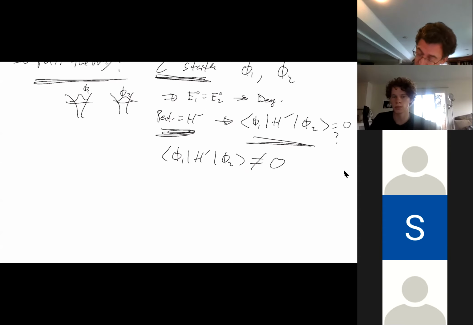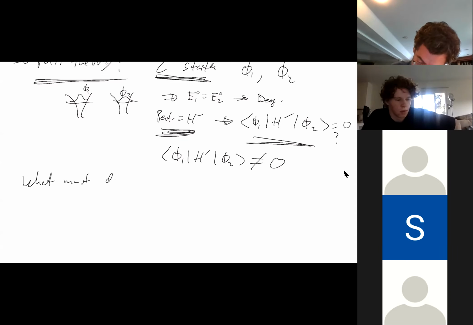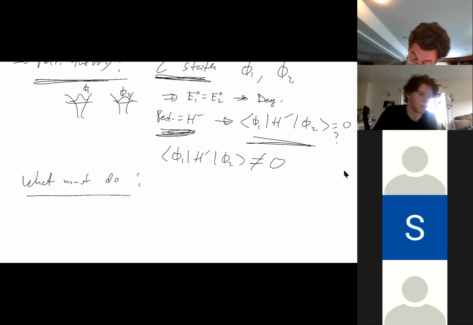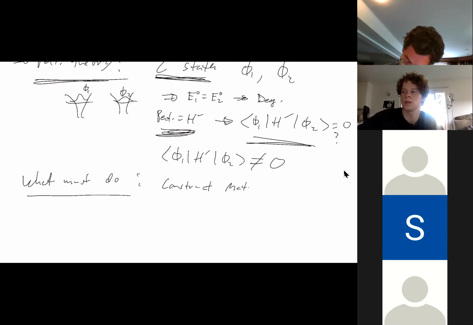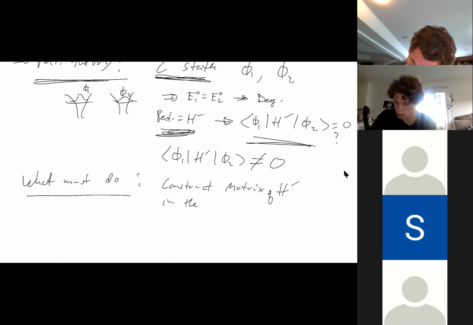And so basically what you have to do, and we don't really have time to do it all, but what we must do is construct the matrix of H prime in the degenerate subspace and diagonalize it.